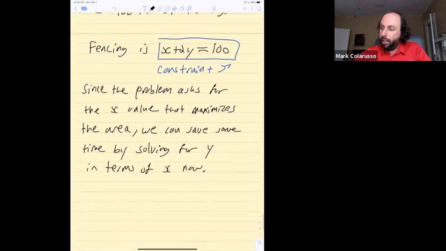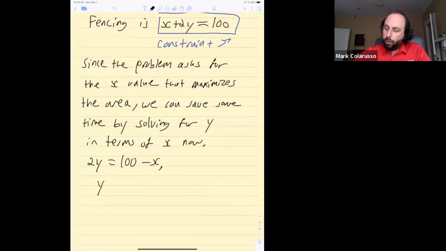So if we do that, we would get 2y equals 100 minus x. So y equals (100 minus x) divided by 2. So this is 50 minus x over 2. Clean that up a bit.